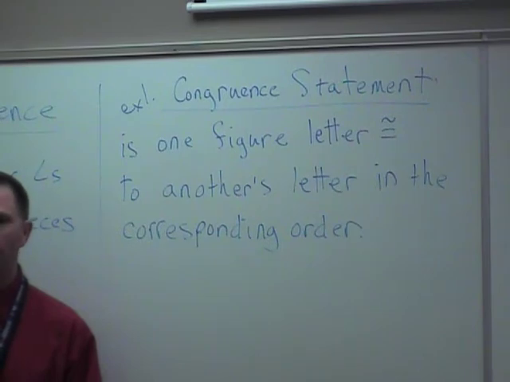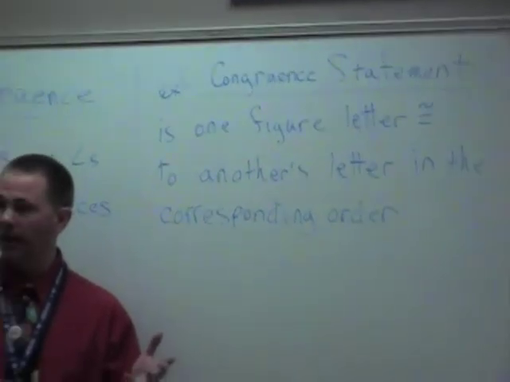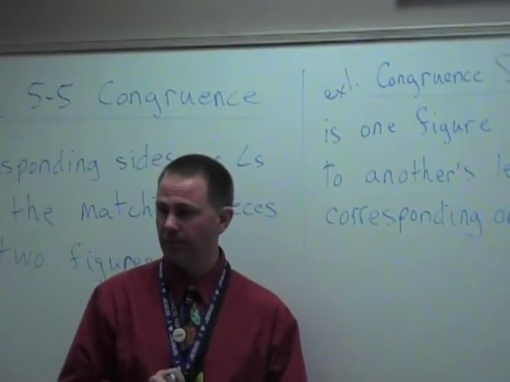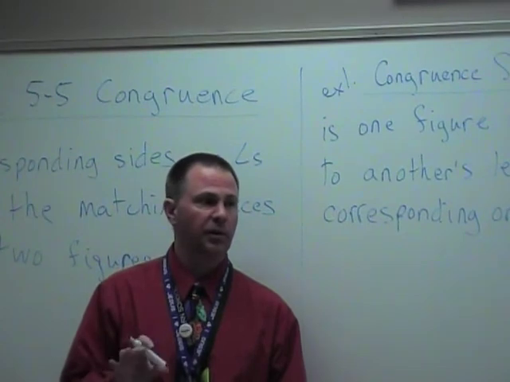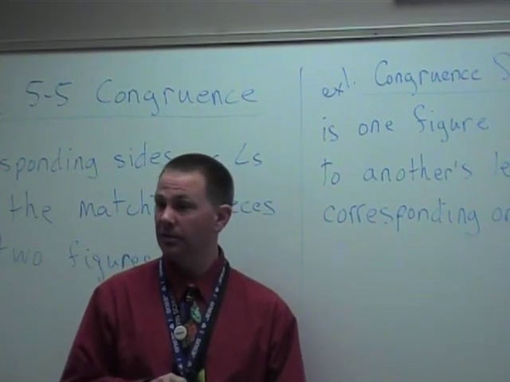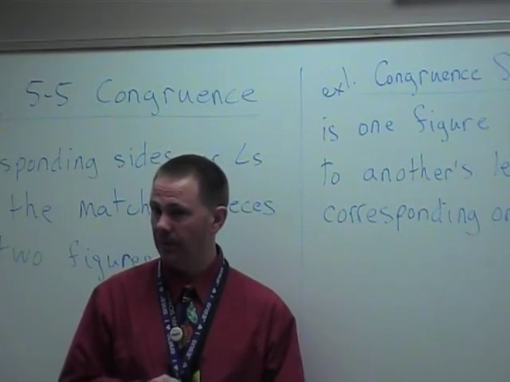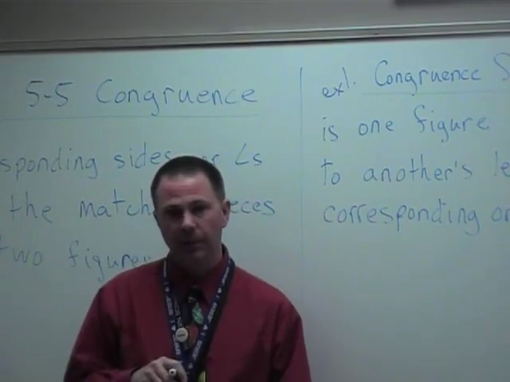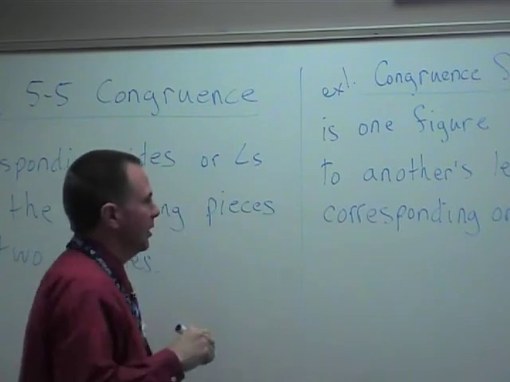Okay, so when you label something, just like when we were doing the angles and you do 3 letters to make an angle, remember going over that? The order wasn't important other than the middle letter had to be the vertex that you were talking about. Now order is important when we're talking about congruence in our congruence statement.